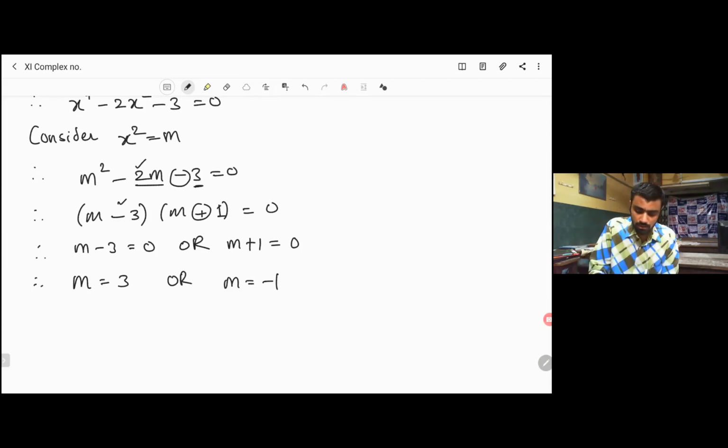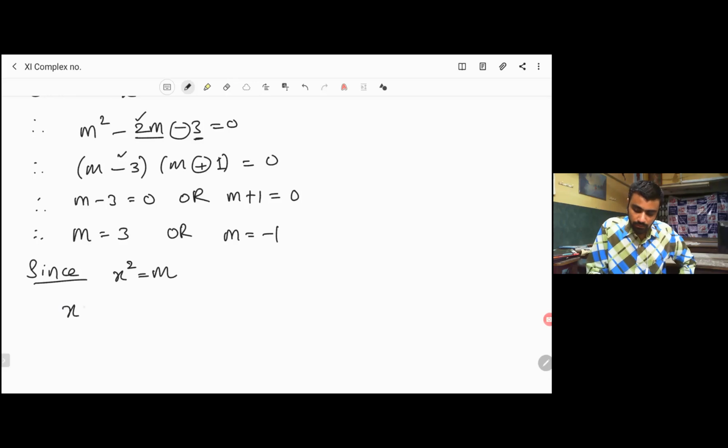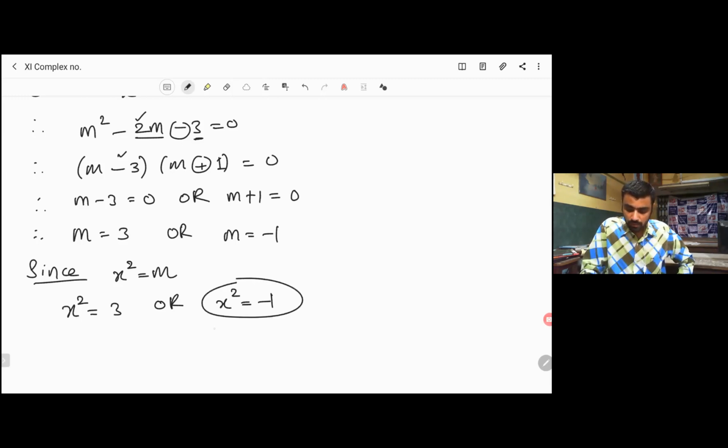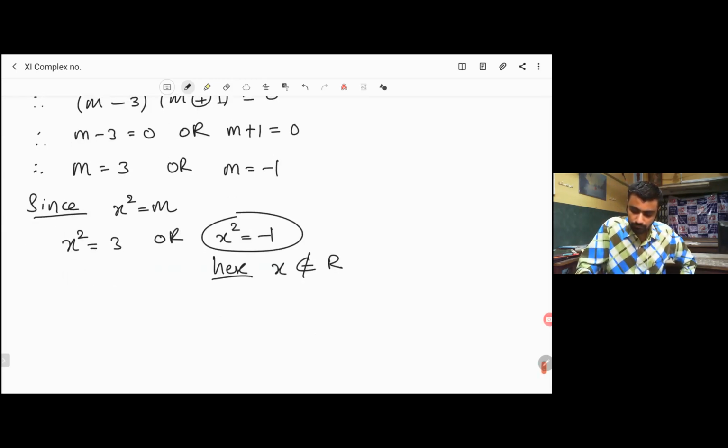re-substitute, since x square is equals to 3 or x square is equals to minus 1. This x square is equal to minus 1, here x is not belongs to real number, therefore it is not possible.